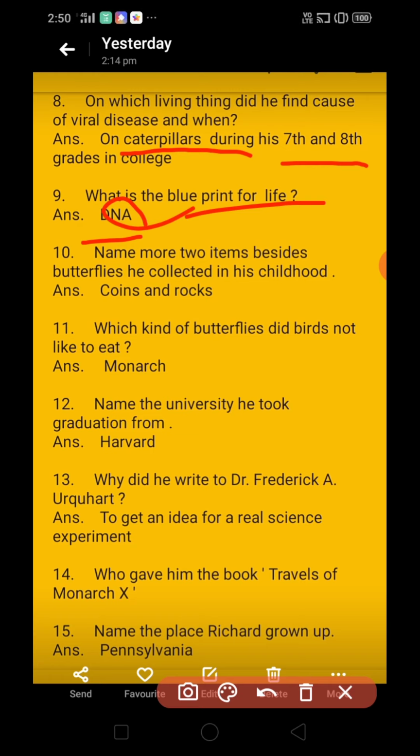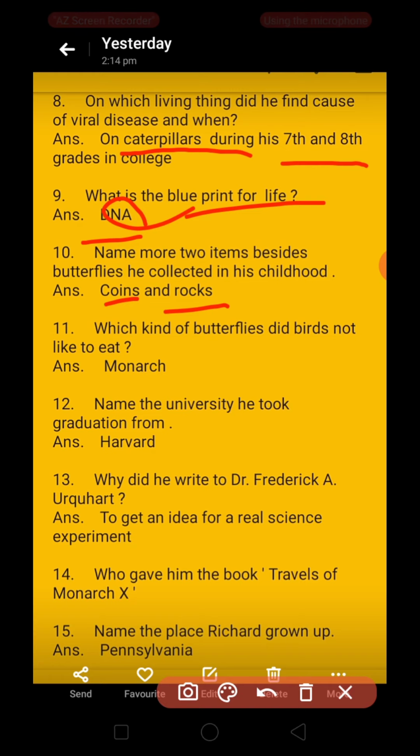In question number 10, name two items besides butterflies that he collected in his childhood. Here, the meaning of the question is that you have to mention two things more besides the butterfly he collected in his childhood. These two things are coins and rocks.